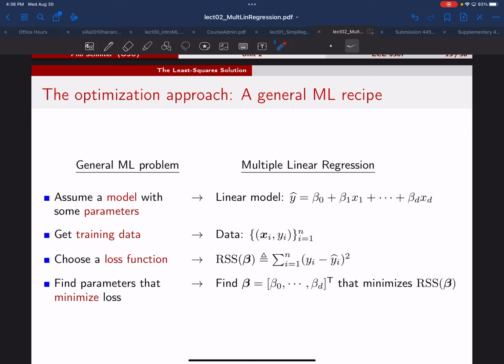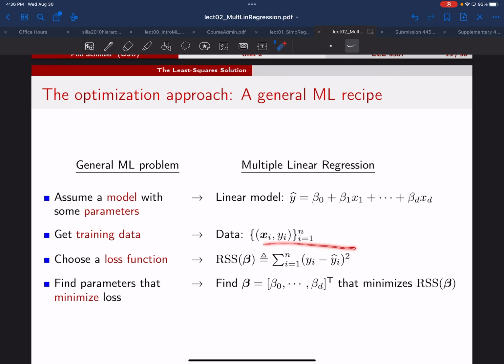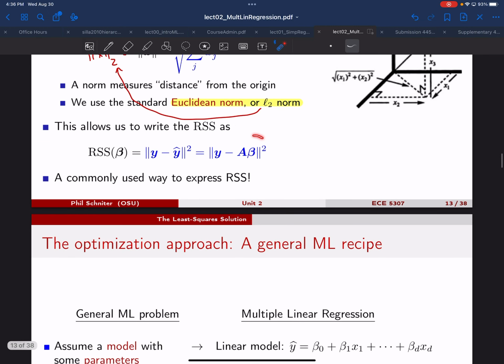In some later unit, we'll actually extend them to vectors too, but for now, let's just keep them scalar. And a loss function, which in this case is the sum of the squared prediction errors. And our objective now is to figure out what are the betas in this model that minimize this RSS, or equivalently minimize this squared Euclidean norm.